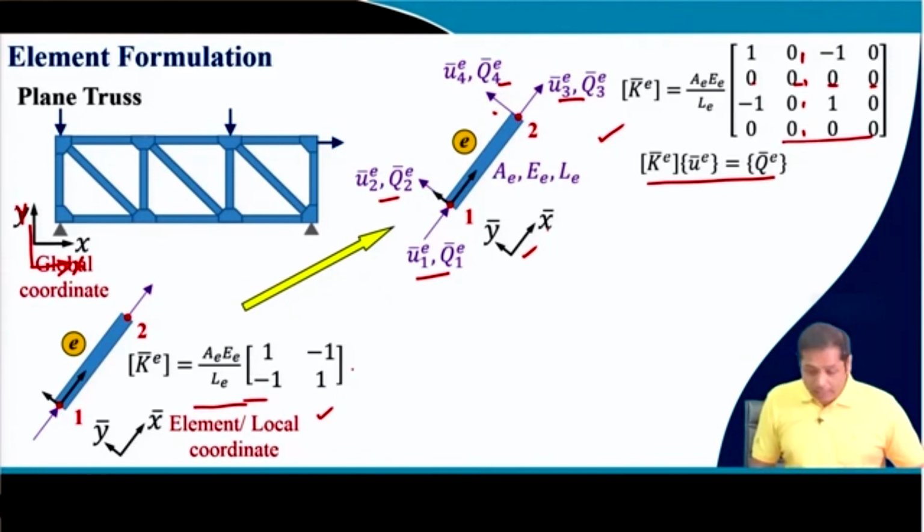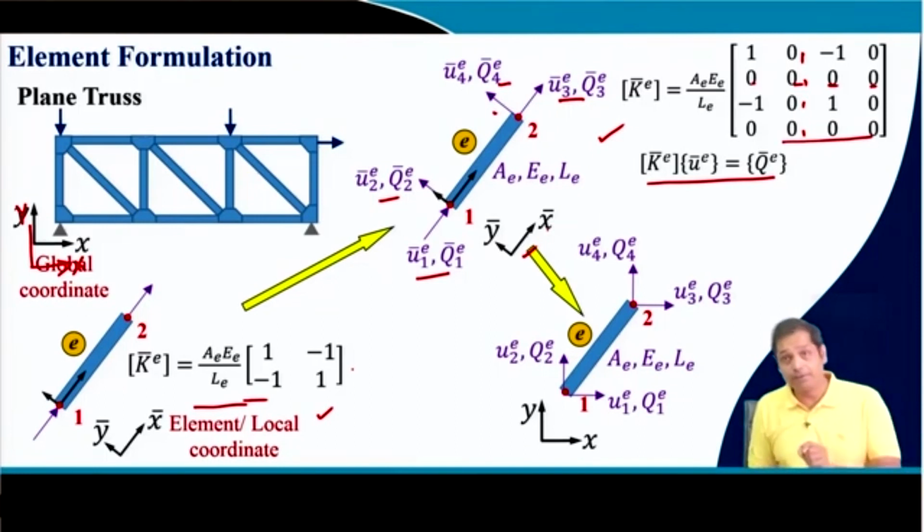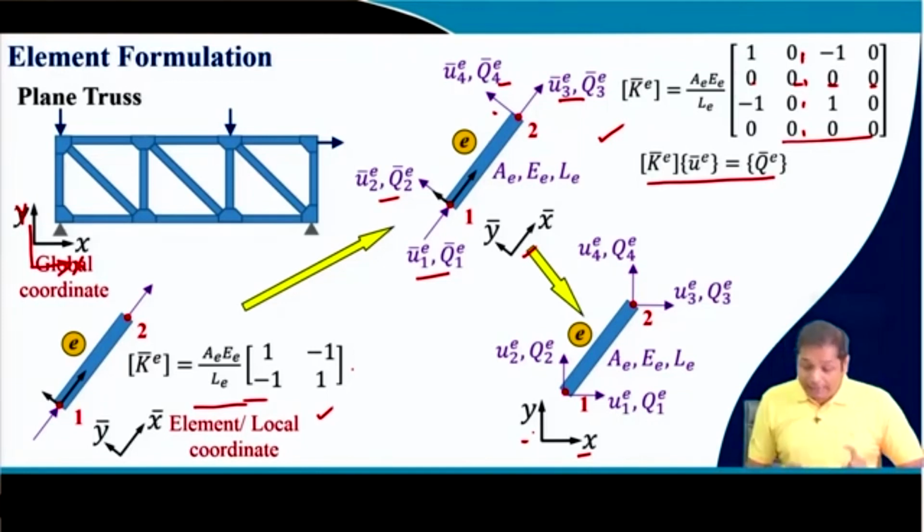So now this is the same bar element, but now the degrees of freedom and the forces are expressed with respect to the global coordinate system, x, y. And now our job is to find the stiffness matrix with respect to the global coordinate system, since we already know the stiffness matrix for this element with respect to the local coordinate system.